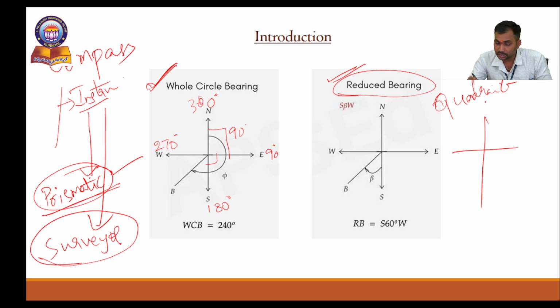In the first quadrant it is north to east, then south to east, north to west, or south to west. We get readings only up to 90 degrees, which is reduced bearing, or what we can call the quadrant bearing system.